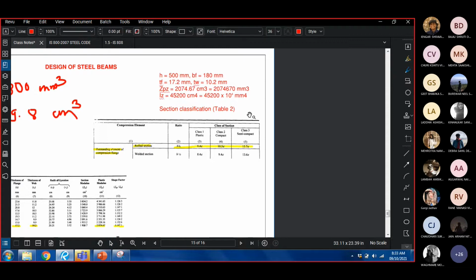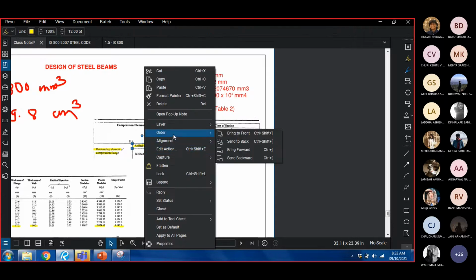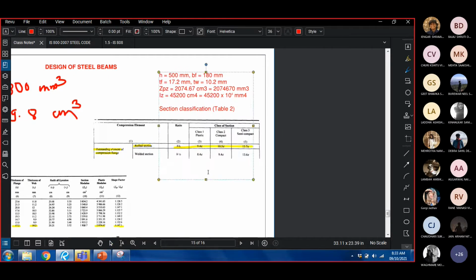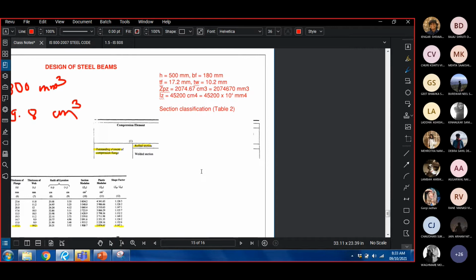So our B upon TF is equal to 180, which is the total flange width, divided by 2. This is our B, and then you divide this entire thing by TF, which is 17.2.